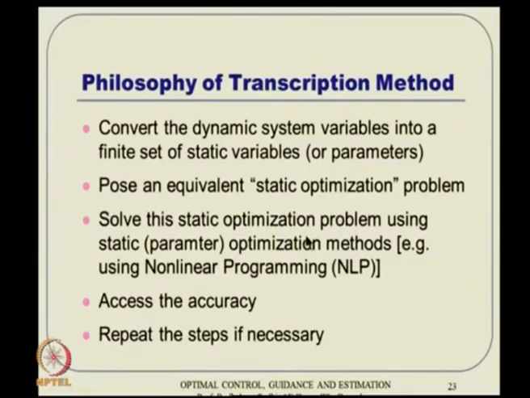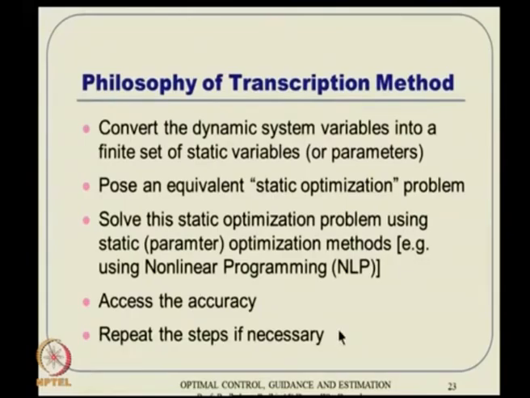Okay, and solve this static optimization problem using various static or parameter optimization methods, using nonlinear programming techniques actually. Okay, so there is a variety of methods available in the literature which you can exercise now, and then solve this. Then assess the accuracy and then repeat the steps if necessary.